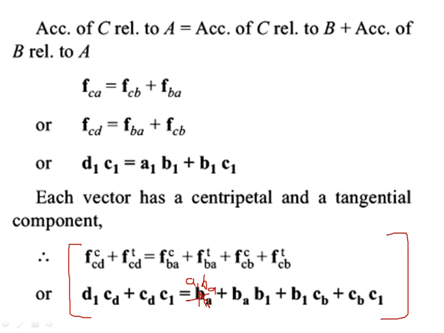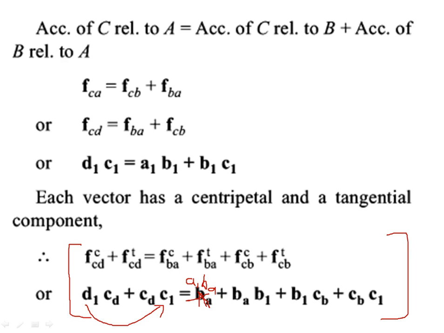Note down this: FCCD plus FTCD is equal to FBAC plus FBAT plus FCBC plus FCBT. So six terms are there, and in the table also you should get six terms. Then this can be written as D1 to CD plus CD to C1. To get D1 to C1, I use one more component, that is D1 to CD and then CD to C1.